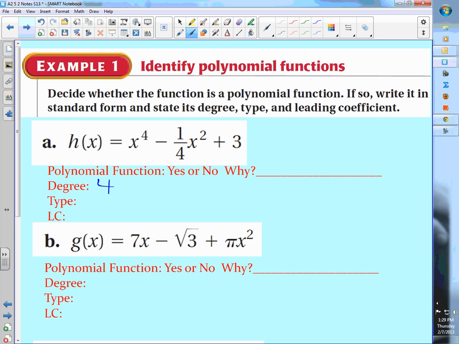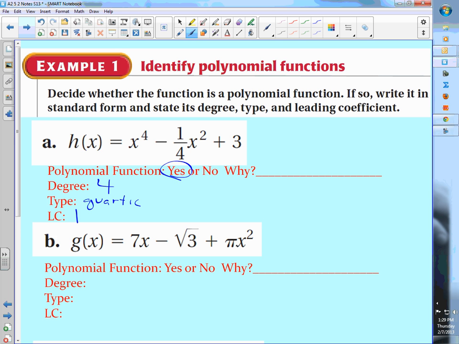The first question was, is it a polynomial function? Yeah, this is polynomial. Why? Because the powers are integers and the coefficients are real. You don't really need to have an explanation. For me, if it is, it is. If it's degree 4, quartic, but most importantly right now, what's the leading coefficient? 1.